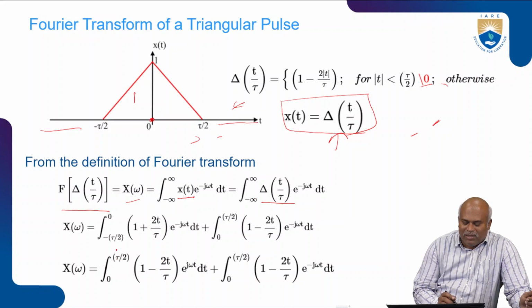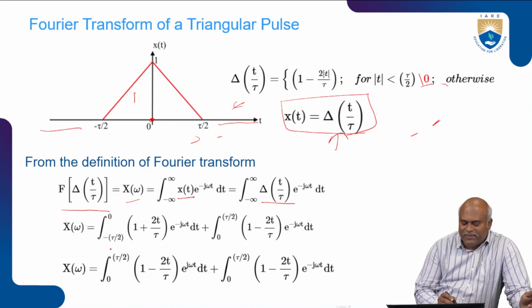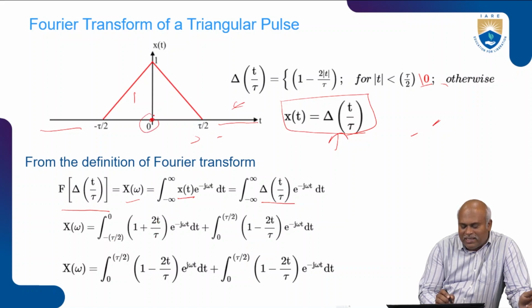We can write X of omega equal to integral from minus infinity to plus infinity of triangle of t by tau e power minus j omega t dt. We should write it as the integral from minus tau by 2 to 0 of 1 plus 2t by tau, because we take only this duration.